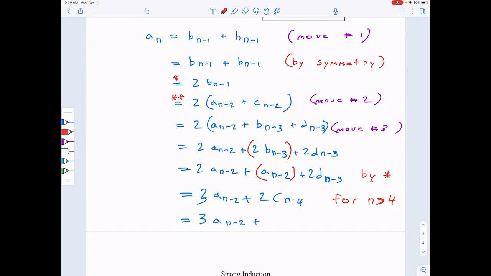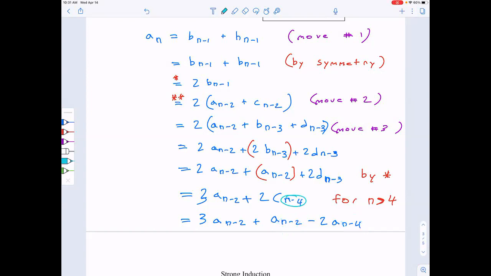So 2 more than n minus 4 would be A sub n minus 2. And then we have to subtract because we have to move the other term to the other side. And that's the same index. So subtract twice A sub n minus 4, same index, plus 2 in the index.